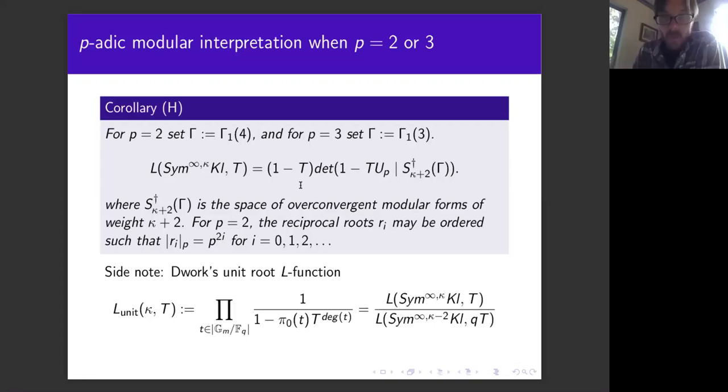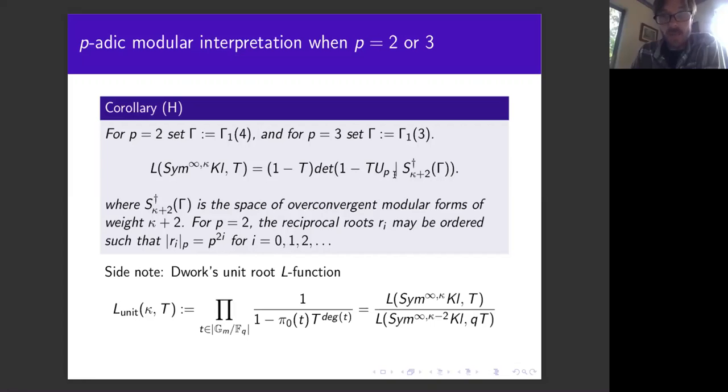And when p is equal to 2, and this is some motivating factor for this, it turns out that the right-hand side has been studied. Someone computed that the reciprocal roots can be ordered so that the p-adic norm is equal to p to the 2i, for i being 0, 1, 2.